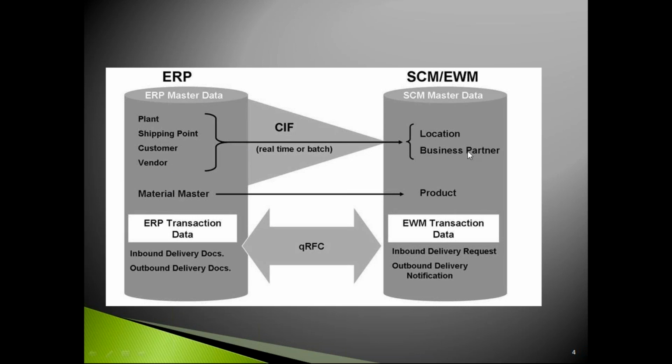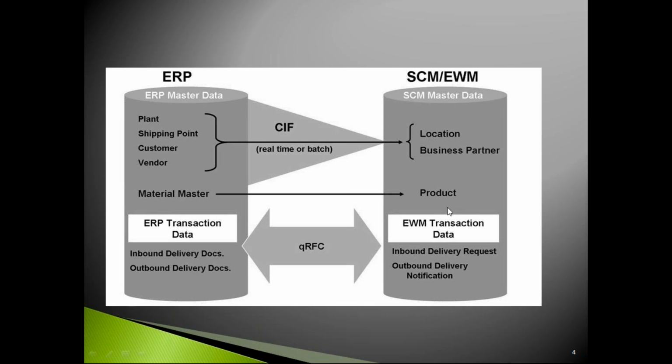Customer and vendor we treat as business partners within the EWM, also using the core interface. Material master data becomes product. If we see this diagram, this is unidirectional. We pass this data from ERP to EWM only, not from EWM to ERP.